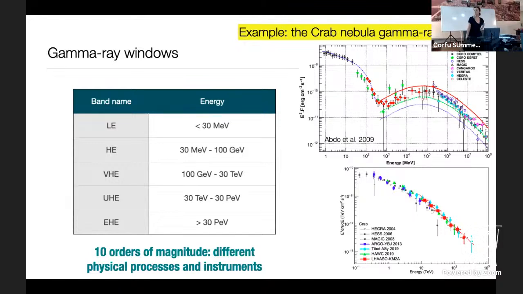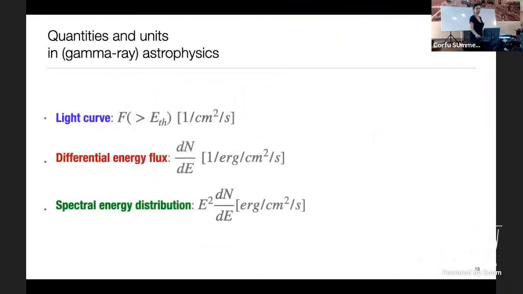Okay? So really, we have a lot of different experiments and experimental techniques making the same measurement, but in a different energy range. So now some definitions of the main tools that we use to study an astrophysical object.